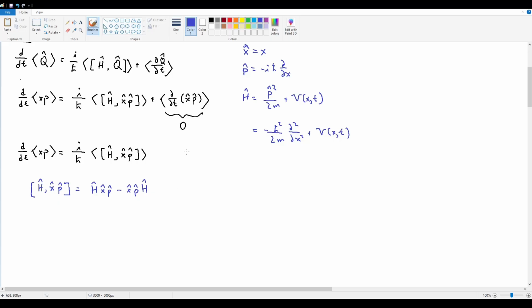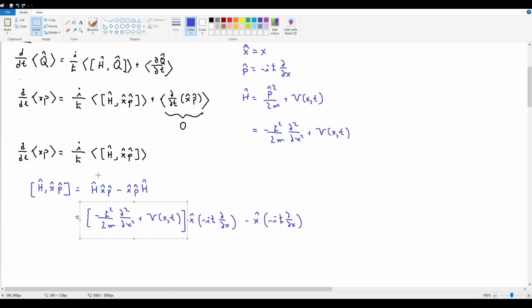Okay, in that case, if we write everything out, let me just copy paste all of this over. x hat negative i h bar d by dx minus x hat negative i h bar d by dx, and then this thing.